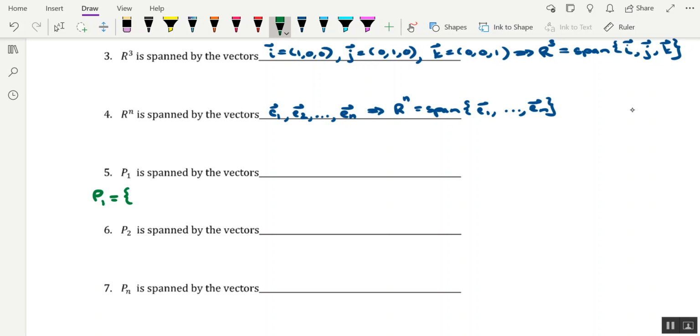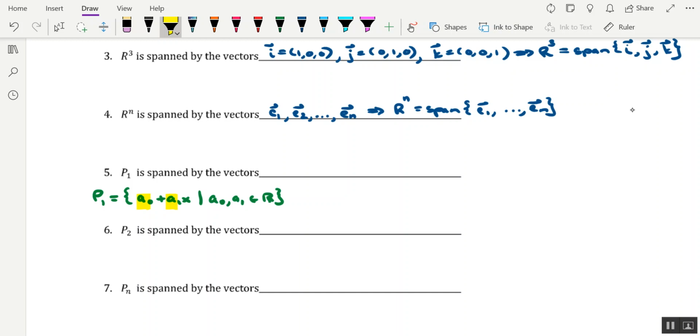It'd be the set of all polynomials of this format, a sub 0 plus a sub 1 x, such that a sub 0 and a sub 1 come from the set of real numbers. It's actually a different way of expressing scalars of a linear combination. You can think of a sub 0 and a sub 1 as scalars of a linear combination involving two polynomials coming from this set.